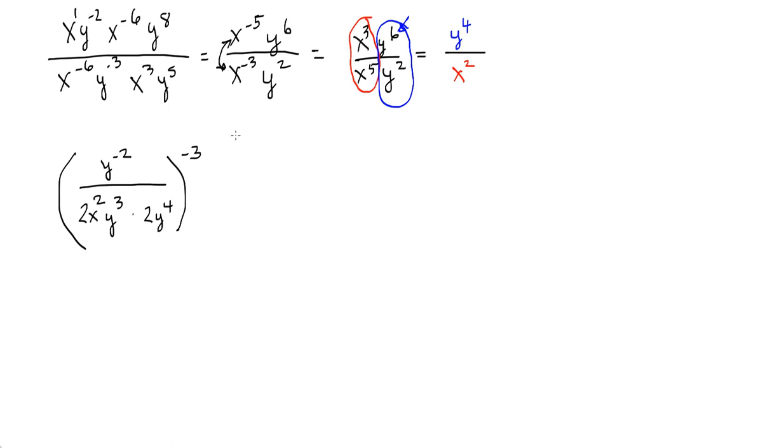Well, let's take a look at this. What was my rule? My rule said that a negative power is the reciprocal of the positive power. Now, we didn't talk about this in our negative exponents video, but we can talk about it now. If I raise a fraction to a negative exponent, can't I just take the reciprocal?